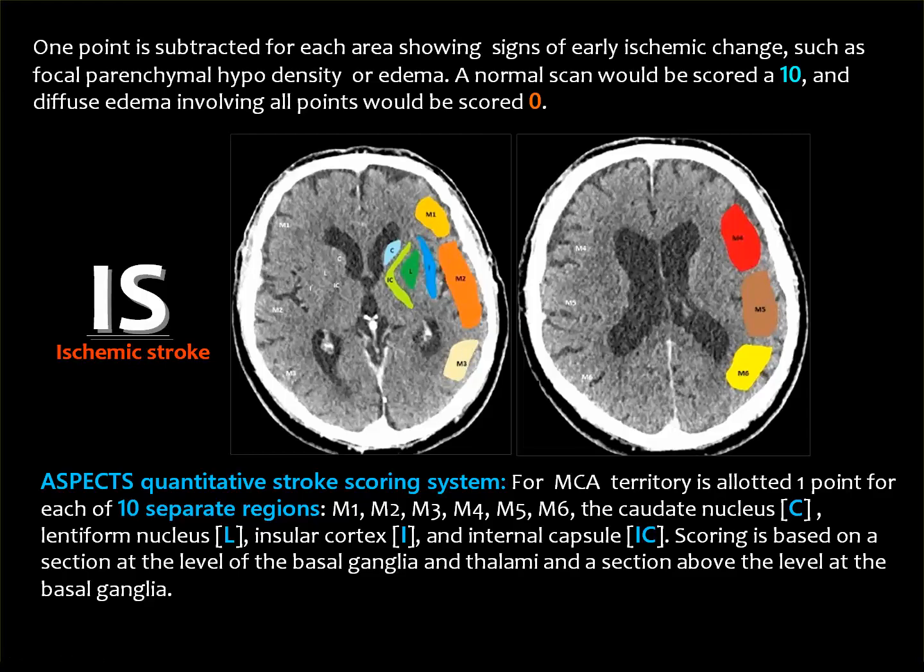For any area affected by the infarction, minus 1 from the score. Meaning that the normal brain score is 10. If this is the site of the infarction only, then the score is 9. If these 3 areas are affected, then the score is 7, and so on.